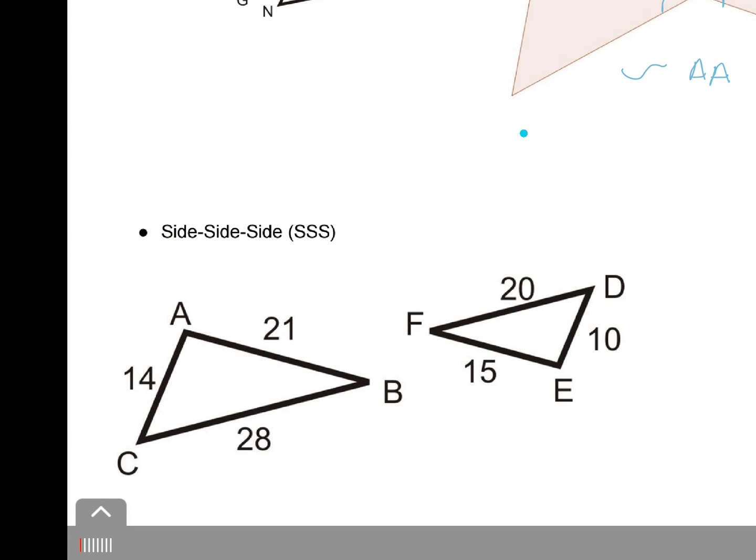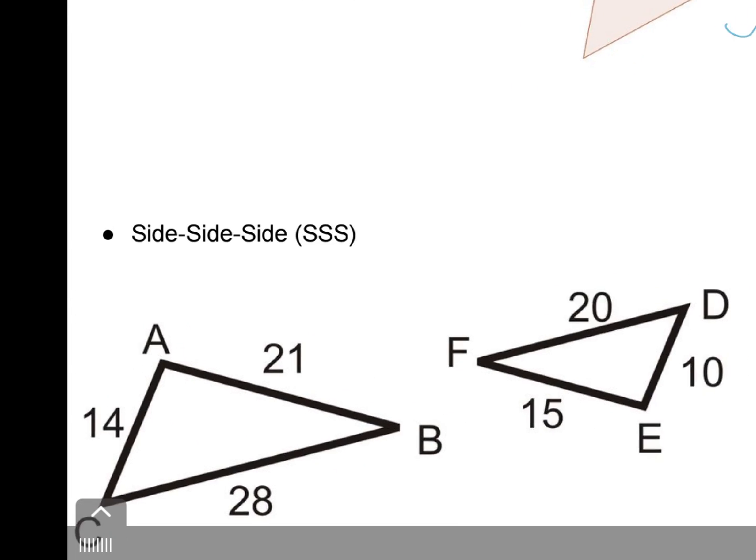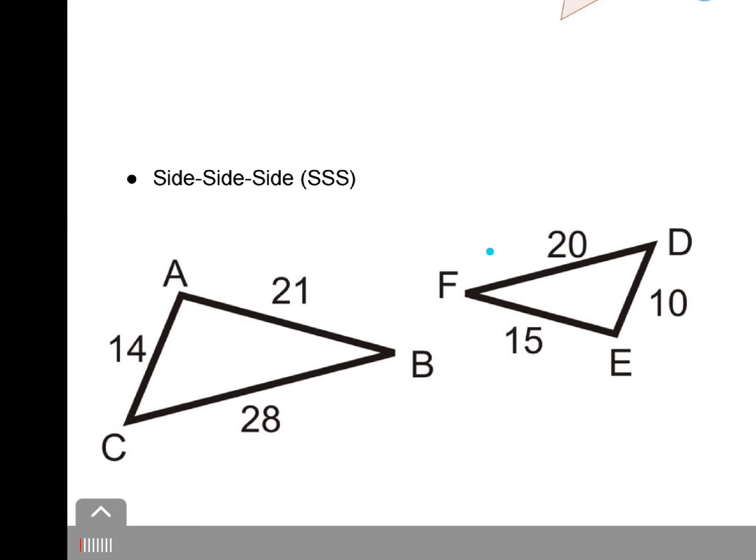Moving on down here to the side, side, side criteria. So side, side, side means that all the sides are proportional. So what we want to do here is check the proportionality of each side. So I'm going to take the small side here, so that's the 14, and compare it to the smallest side here. And it doesn't really matter what I consider the new or the old as long as I'm consistent.